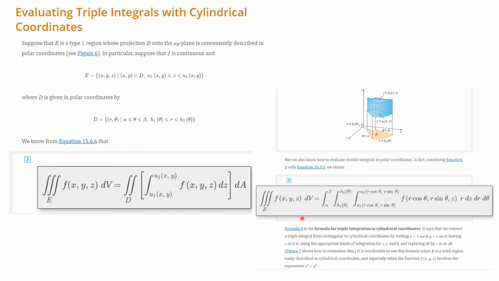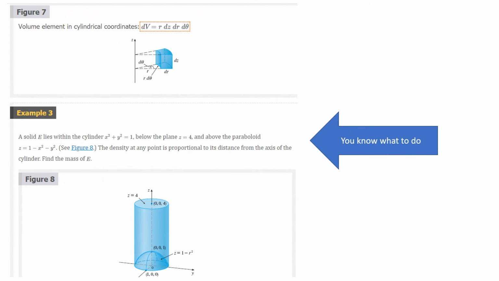So this is the expression that we get after we do that conversion. You want to remember then that the volume element in cylindrical coordinates is this, and we reviewed that. So dV is r dz dr d theta, and now we have a problem for you to do.